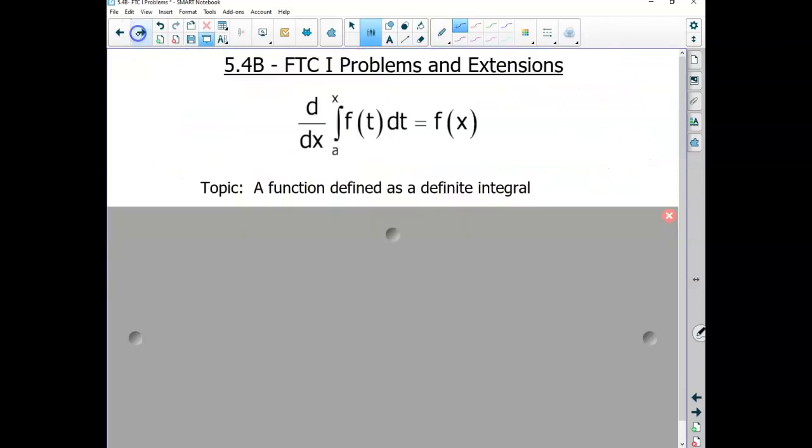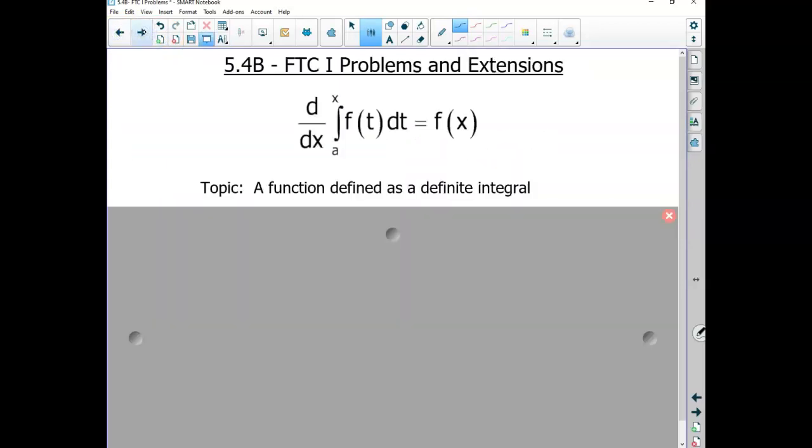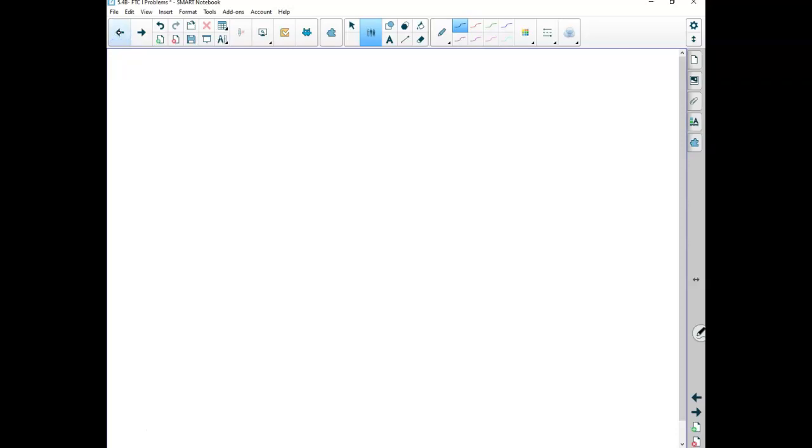And what we're doing is we are moving into the Fundamental Theorem of Calculus Part 1, problems and extensions, okay? This is going to make it feel like we are working in circles. What I just want to do really quick is recall that the main thing we worked with was Fundamental Theorem number 1 and number 2. Most of what we worked with yesterday and the day before was Fundamental Theorem number 2.